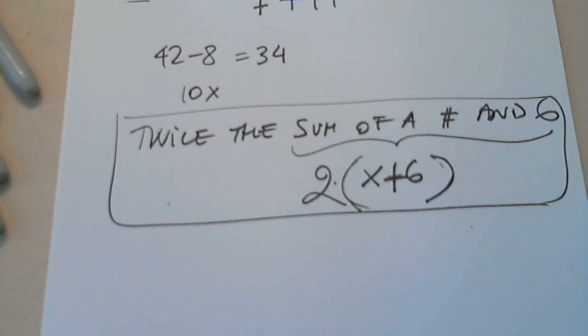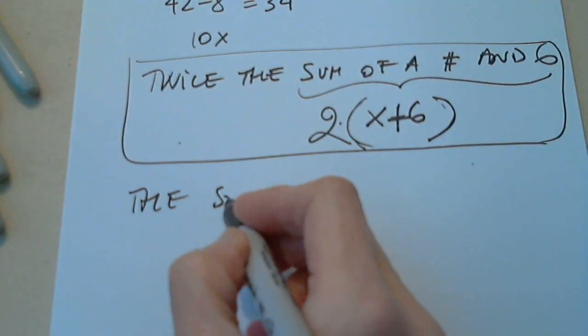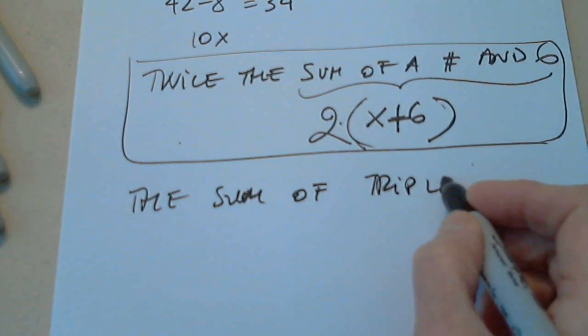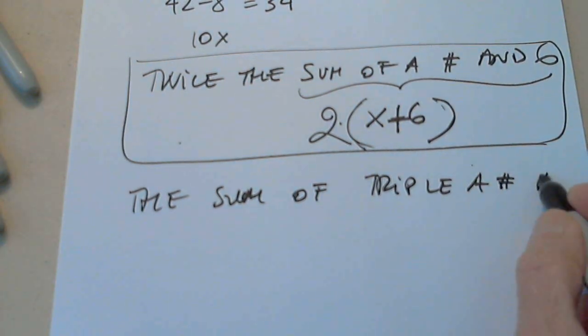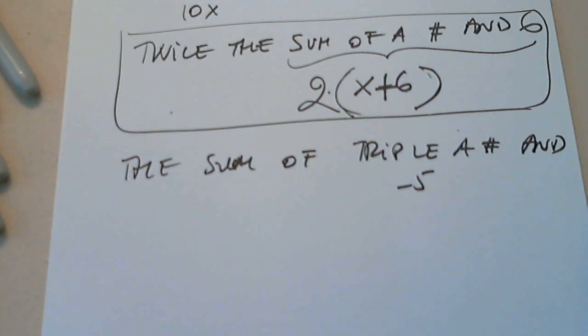The sum of triple a number and -5. So the sum of triple a number and -5. How do we write this? That'd be 3x minus 5.